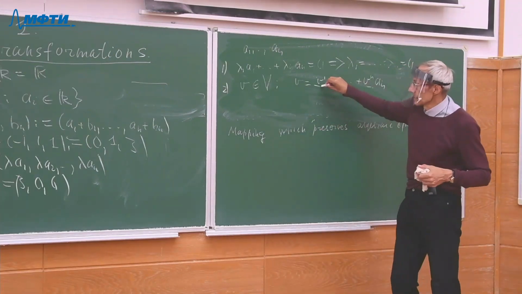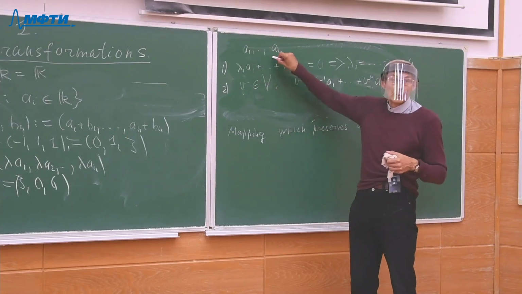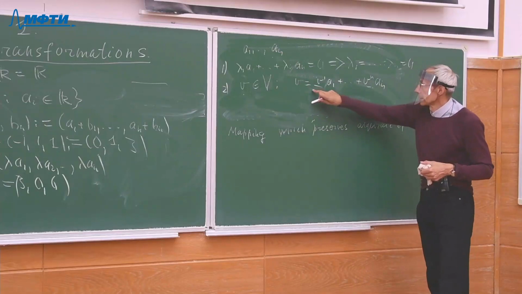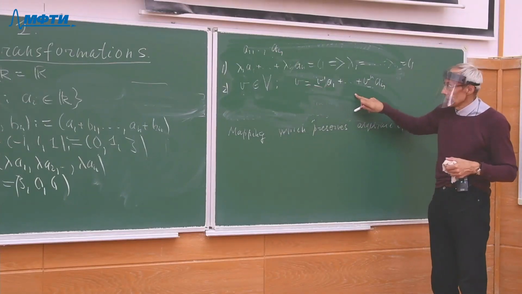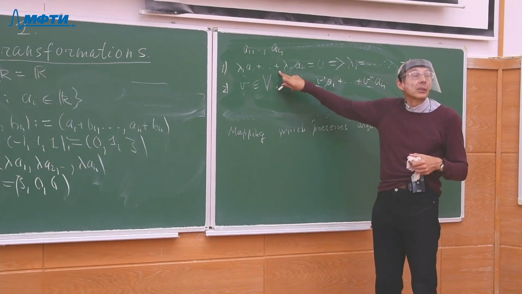The existence follows from the fact that this system is generating, but the uniqueness of these coefficients is a consequence of the first property, linear independence.